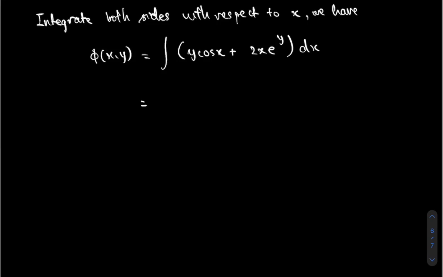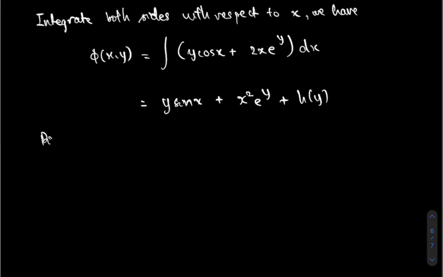So the antiderivative of y times cosine of x dx is equal to y sine of x plus the antiderivative of 2x e to the y, which is x squared e to the y, plus a function h of y. This function is strictly a function in terms of y.